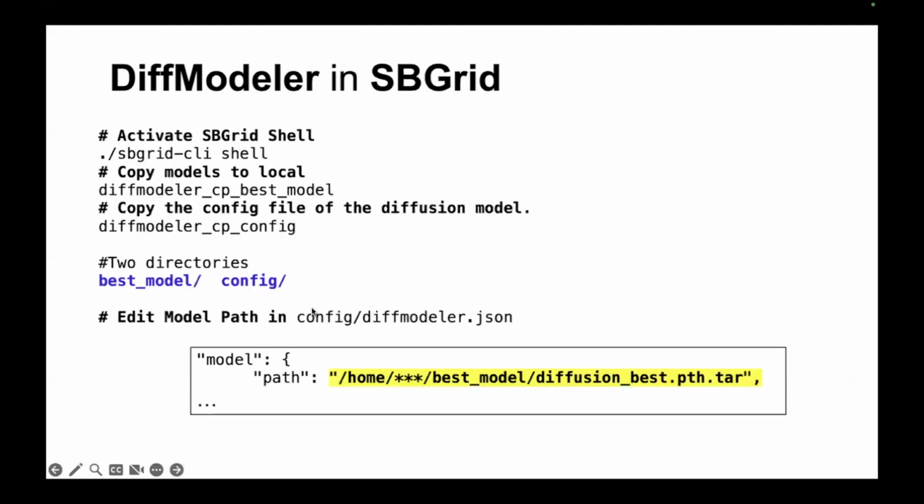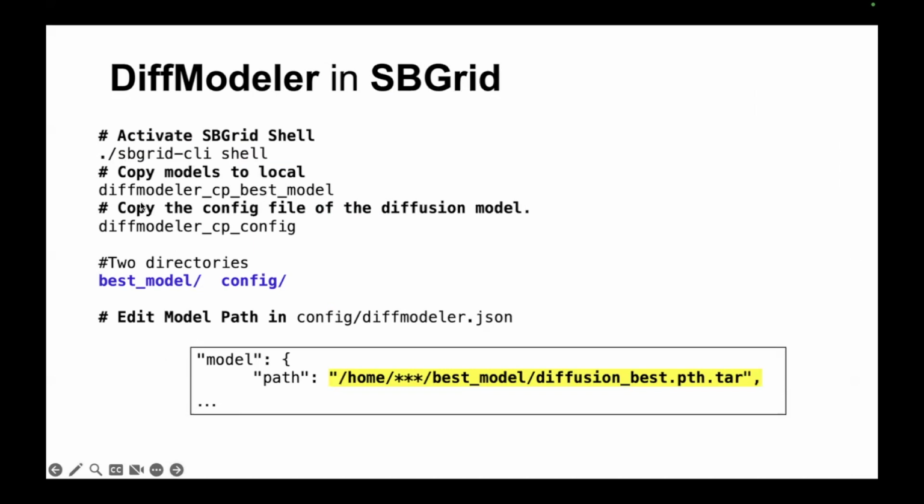Okay. Once you install this DiffModeler code on SBGrid, this is the command for how we can use DiffModeler on SBGrid. First, please activate the SBGrid CLI shell.